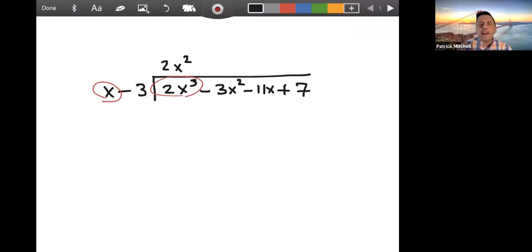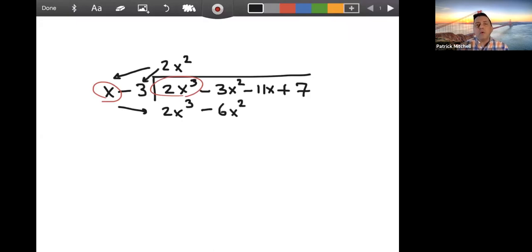So now I'm going to take that 2x squared and multiply it by x minus 3. So 2x squared times x is 2x cubed. 2x squared times negative 3 is negative 6x squared.